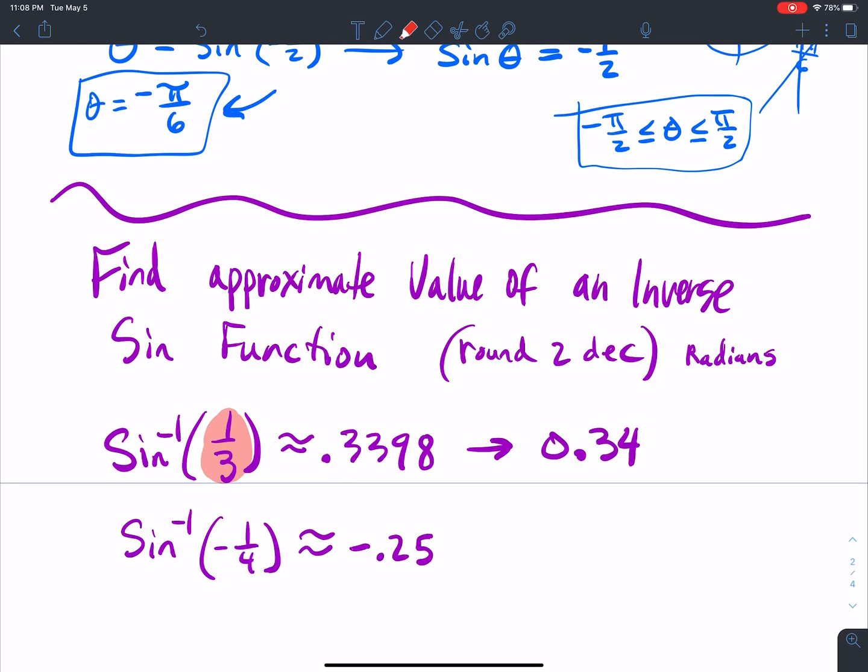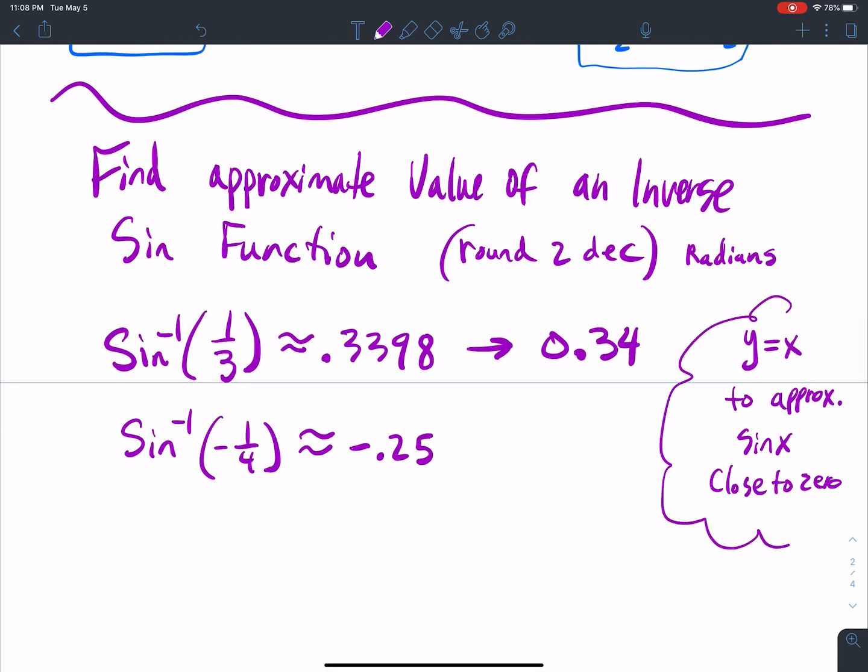That's something you'll learn in Cal 2 about a Taylor polynomial, that you can use the function y equals x to approximate sine of x close to 0. Just a side note, you don't have to know this unless you go on to Cal 2. That's just a little Easter egg for some of you hungry people.